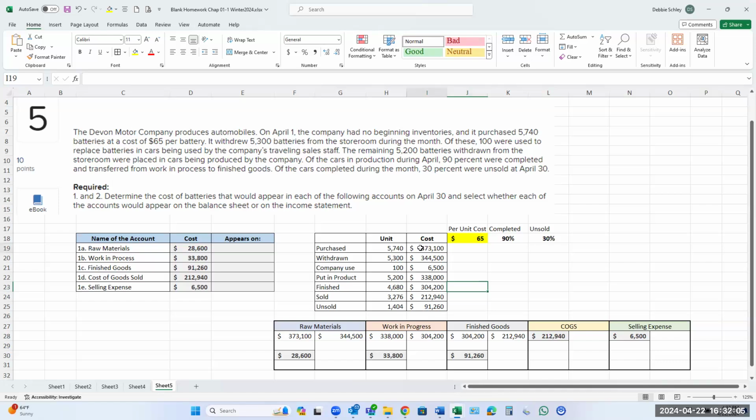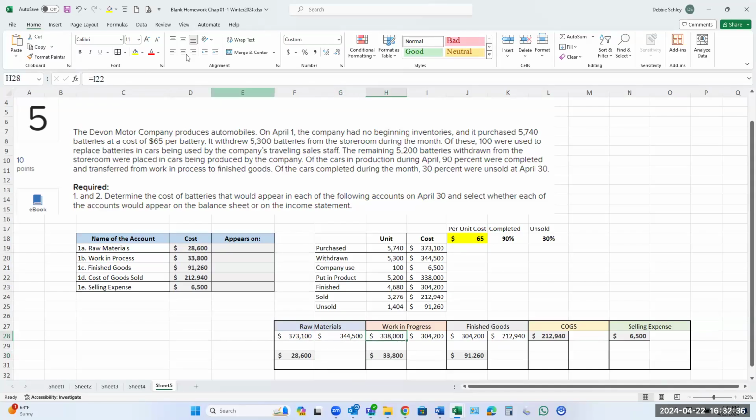So I want to show you this purchase cost that goes into raw materials, and then the withdrawn that comes out of raw materials. So the total for raw materials is the purchased minus the withdrawn. And again, it's not the units, it's the cost, because we're talking T accounts, so we have to have it in dollars. So required 1A, raw materials, is 28,600.